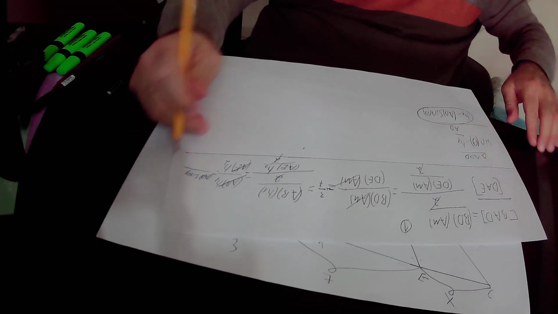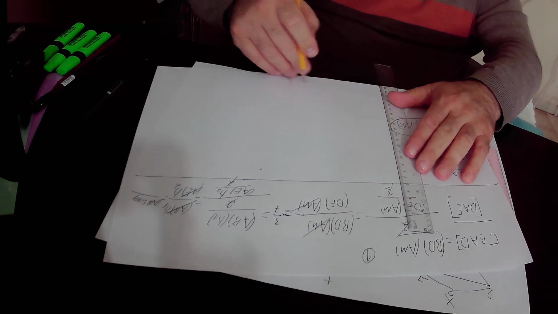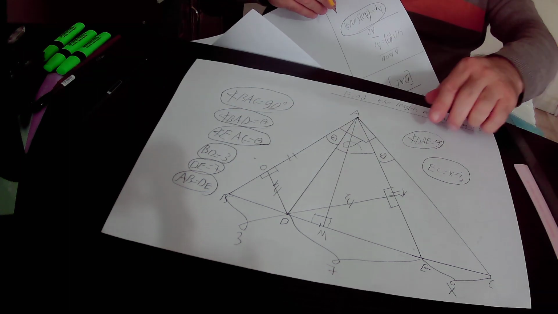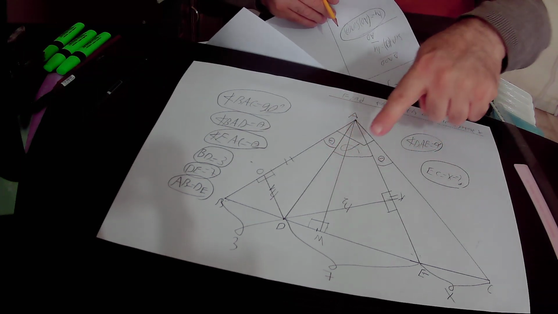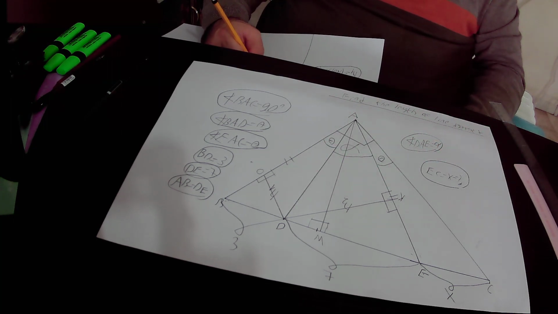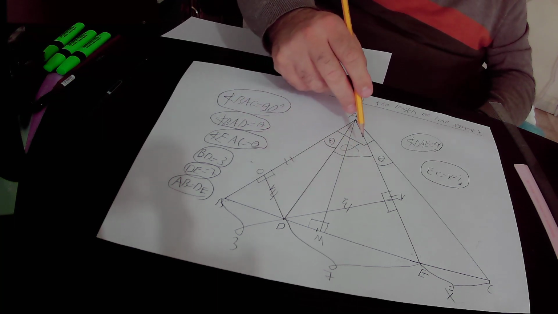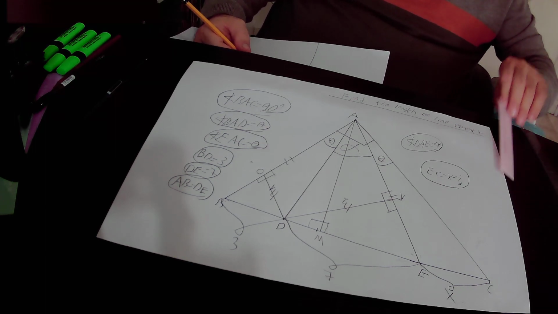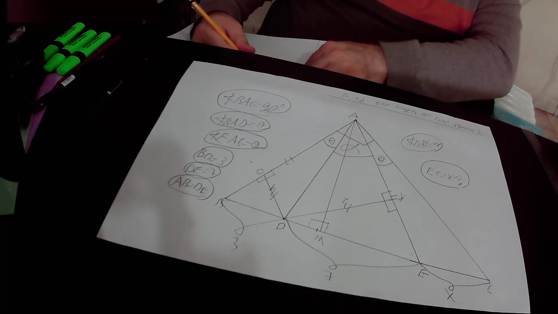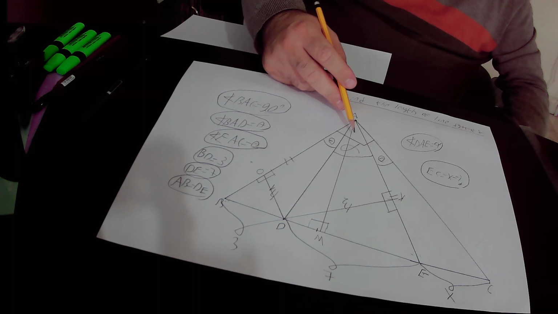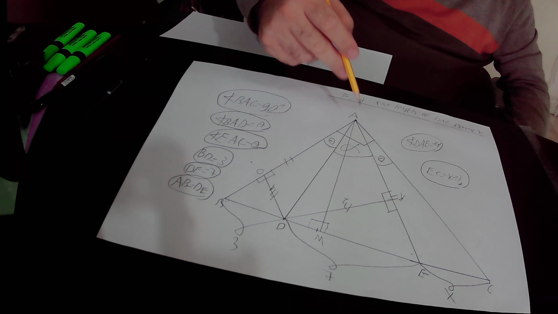In the next step, we find the value of H2. So here we'll focus on the right triangle ADK. In the right triangle ADK, sine alpha will be equal to H2 over AD.